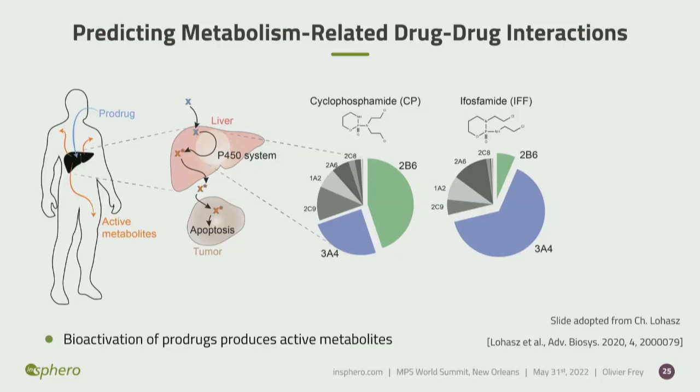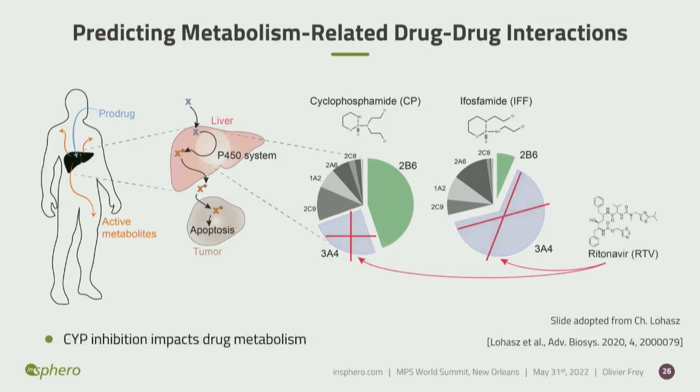And interestingly, cyclophosphamide is predominantly metabolized by CYP2B6 and the ifosfamide by the CYP3A4. And what we wanted to additionally see is if ritonavir, that is in some cases also used as antiretroviral therapy, if this inhibition effect of ritonavir could actually affect the metabolic effect onto the progression of the tumor.